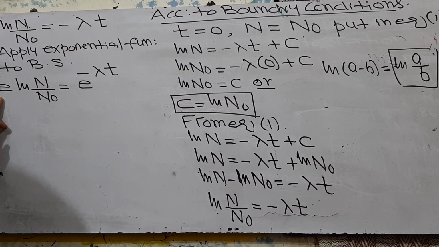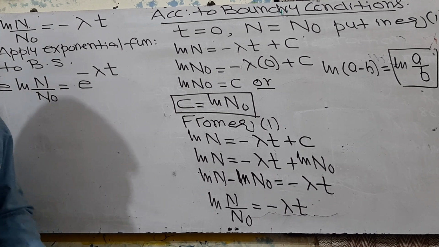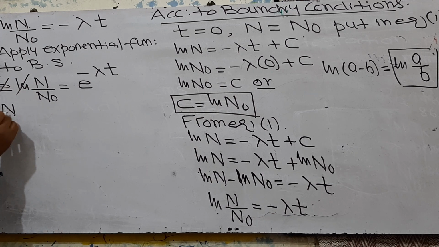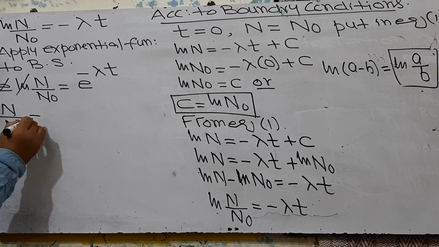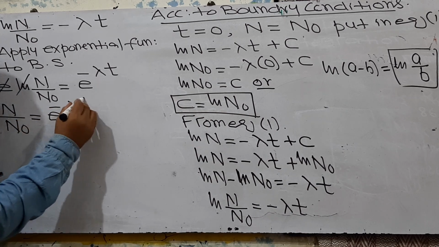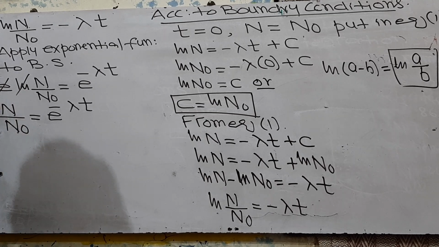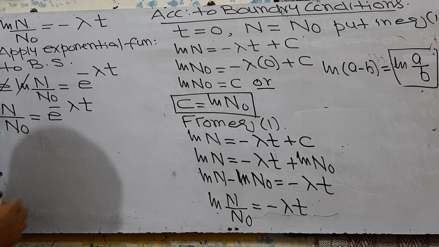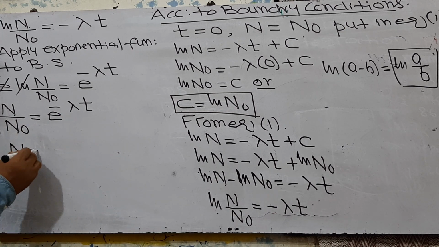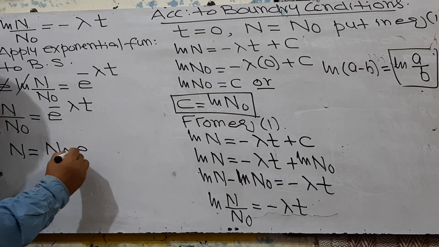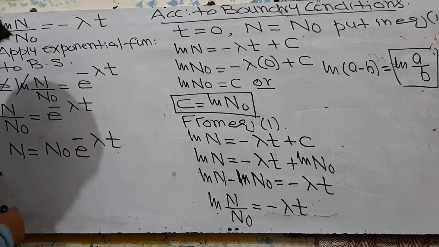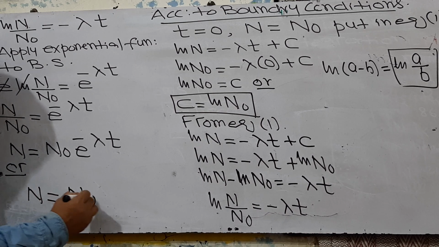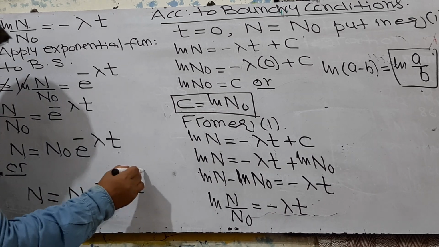As we know, the exponential function and log are inverse to each other, so they will cancel. The remaining terms are N divided by N naught is equal to e to the power minus lambda t. Now we can cross multiply N naught to the right hand side. So N is equal to N naught e to the power minus lambda t.